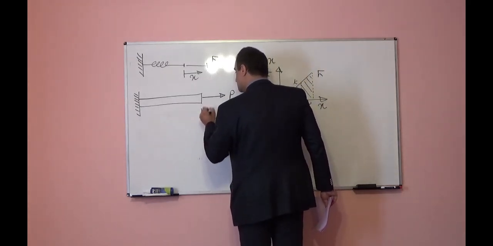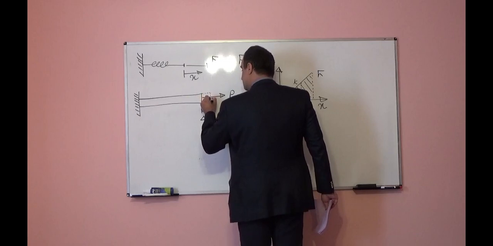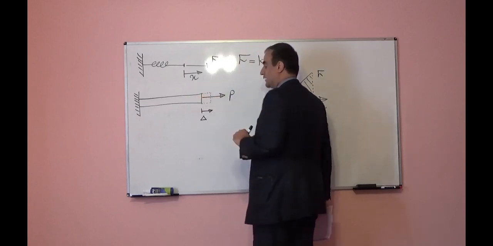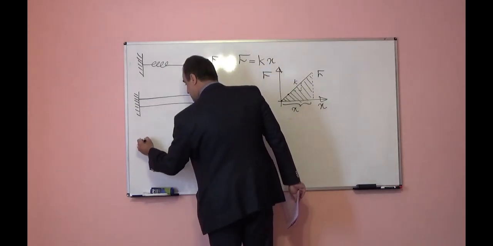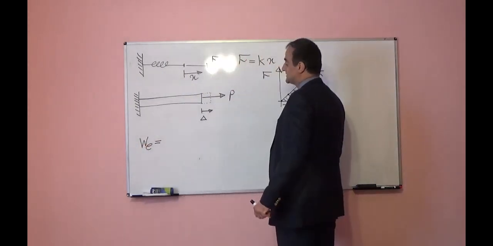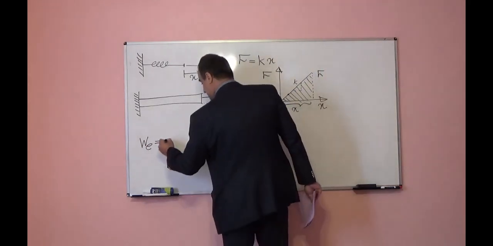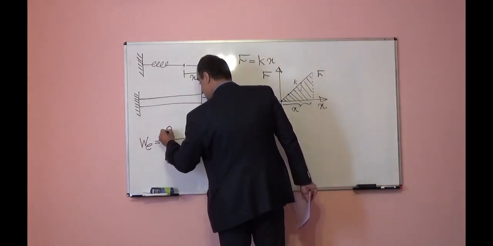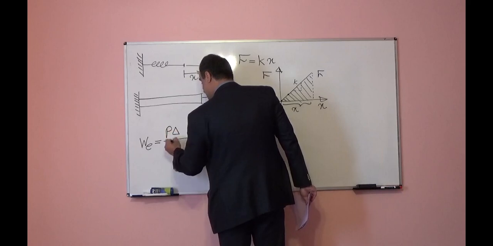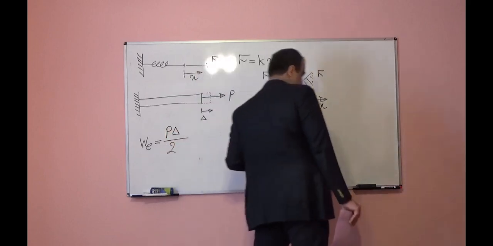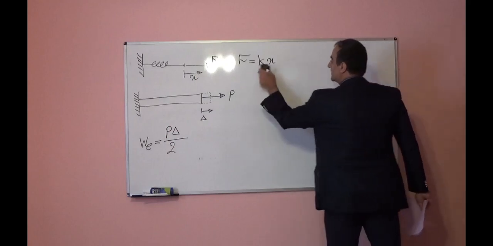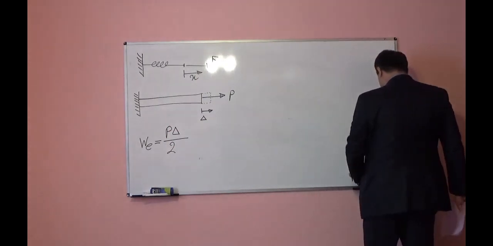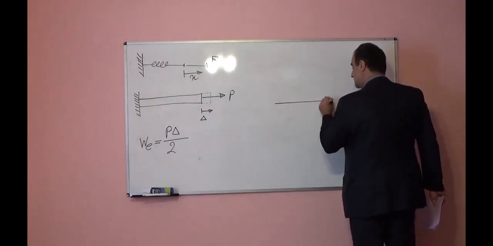Elongation, assume it is delta. So in this straight rod, what is the external work? External work again will be P times delta divided by 2, because we increase this P from 0 and we increase step by step.